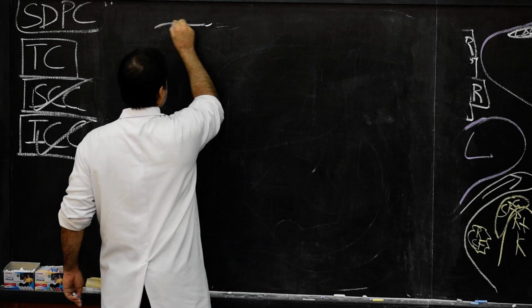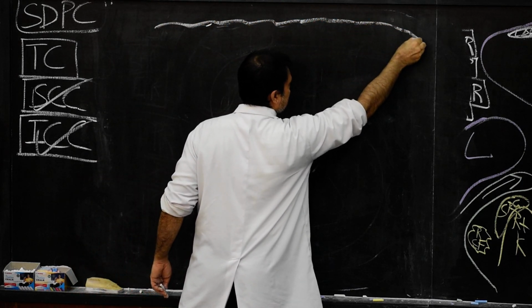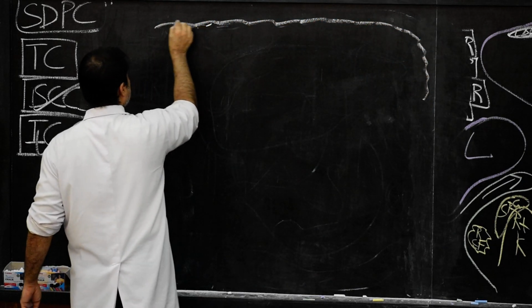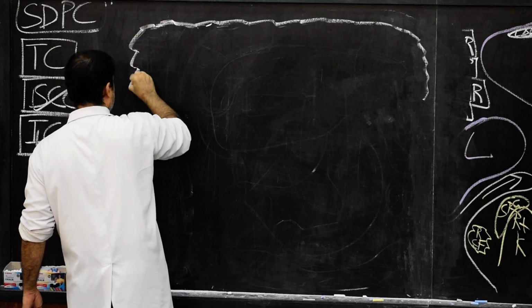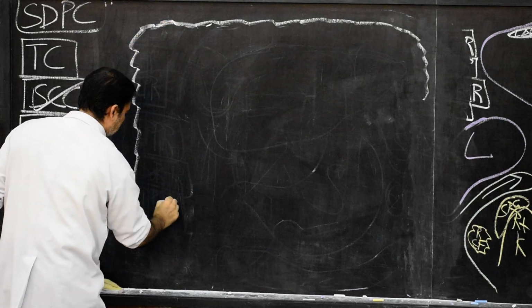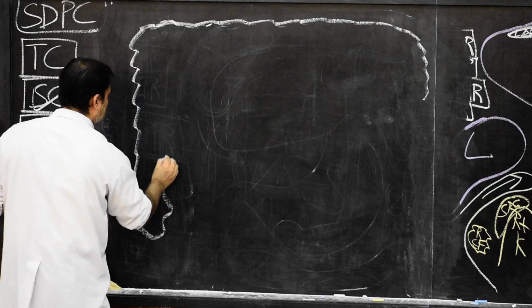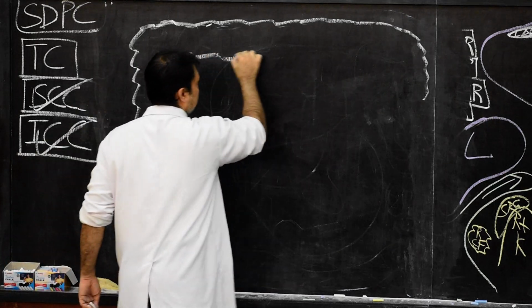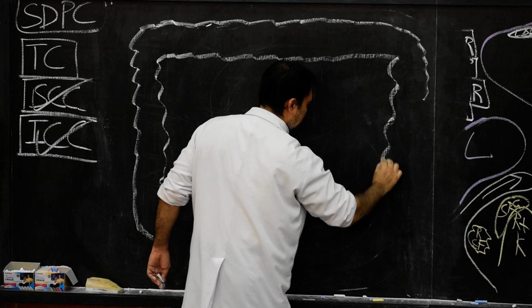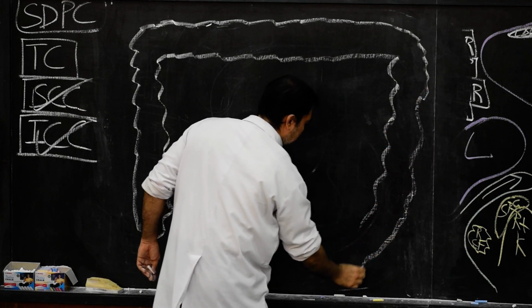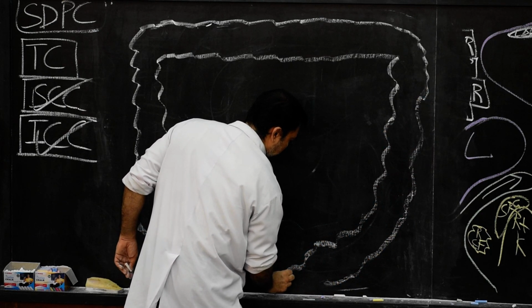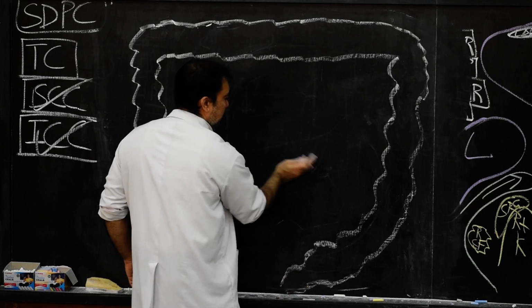This is the transverse colon with the left colic flexure. Here this is the right colic flexure and ascending colon. This is the cecum and this is the ascending colon, right colic flexure, the transverse colon and the descending colon with that of the sigmoid colon and rectum.